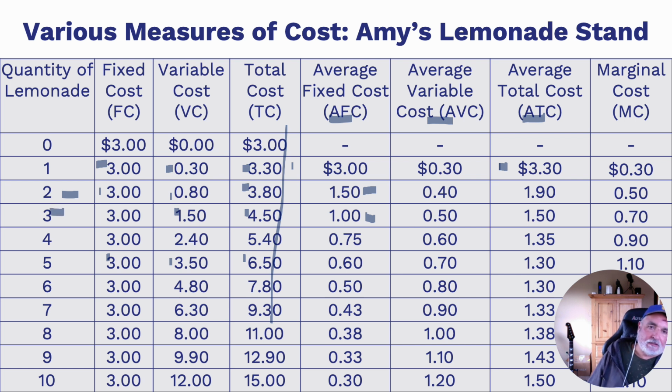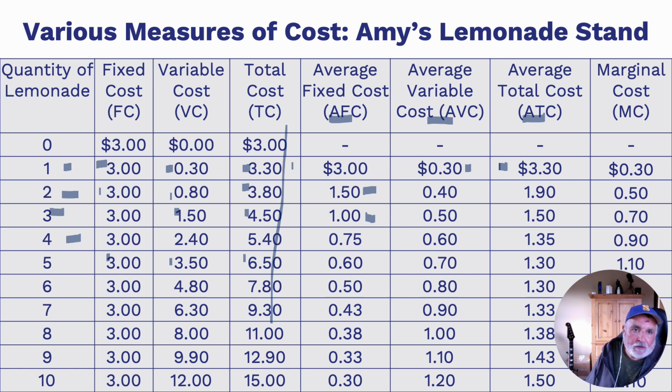And the next day it's still $3 now divided by 4, and so on. Average variable cost is the variable cost divided by units of output. So on day 1, with 1 unit of output, the variable cost is 30 divided by 1, so your average variable cost is 30 cents.